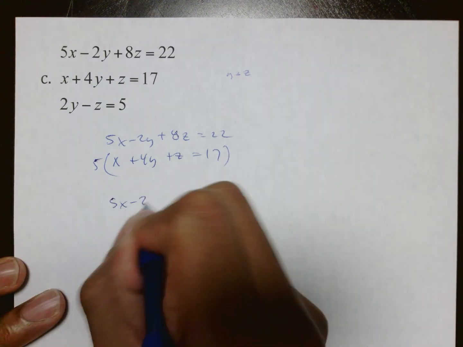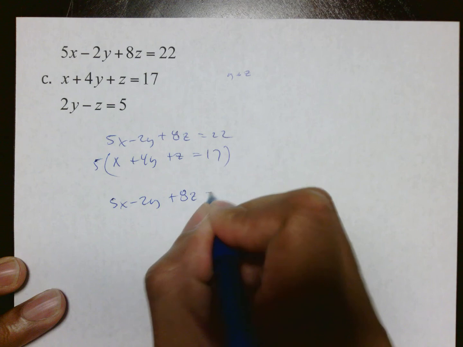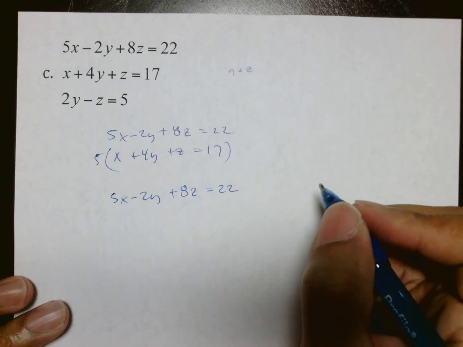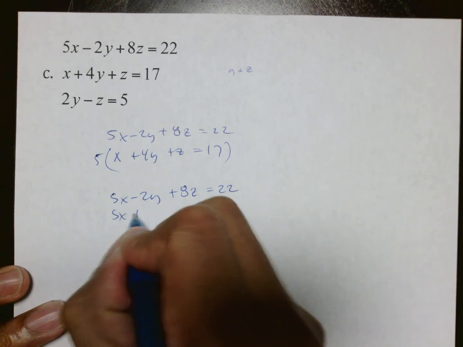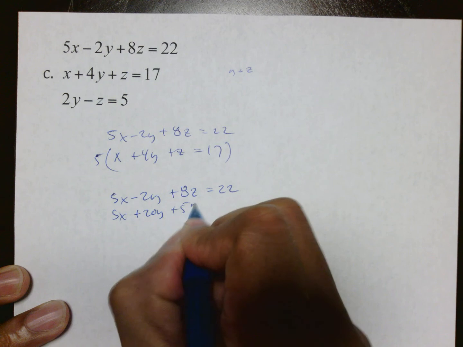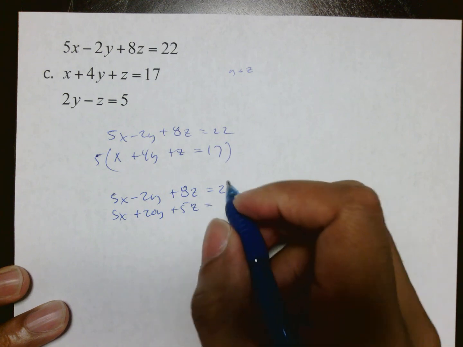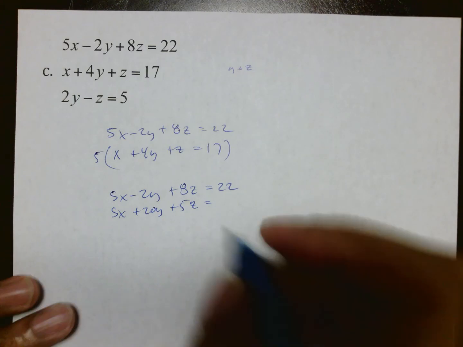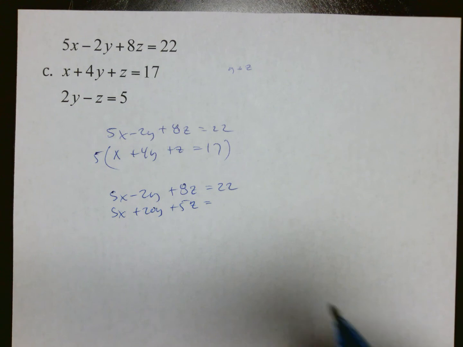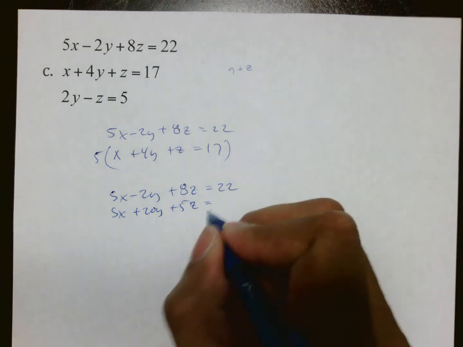So this time around, I'm going to go ahead and get rid of my x's. So 5x minus 2y plus 8z equals 22. And then 5x, 20y, 5z, and I think that is 17 times, that'd be 70. I want to make sure. Don't want to mess up now. 17 times 5 is, that's not good, 85. Yep.